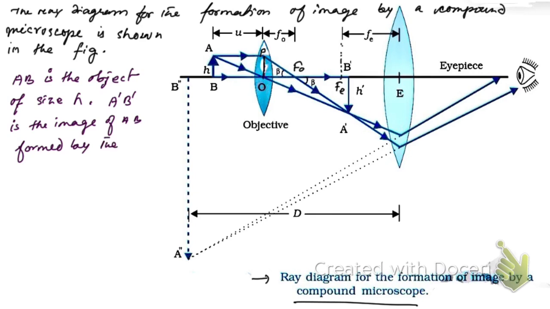A compound microscope consists of two lenses. One is the objective, another is called the eyepiece. So this image A'B' is the image formed by this objective lens.